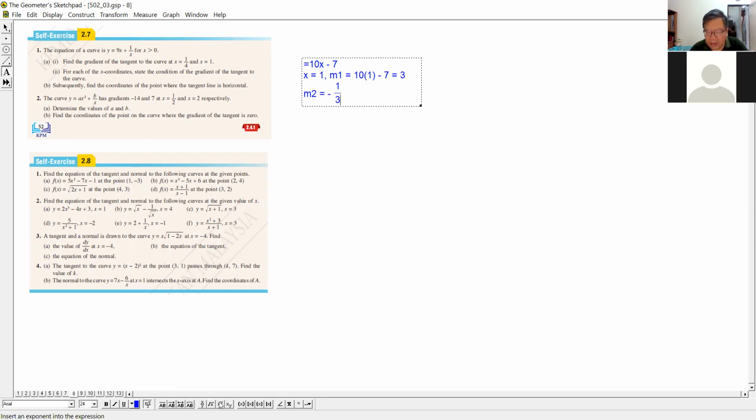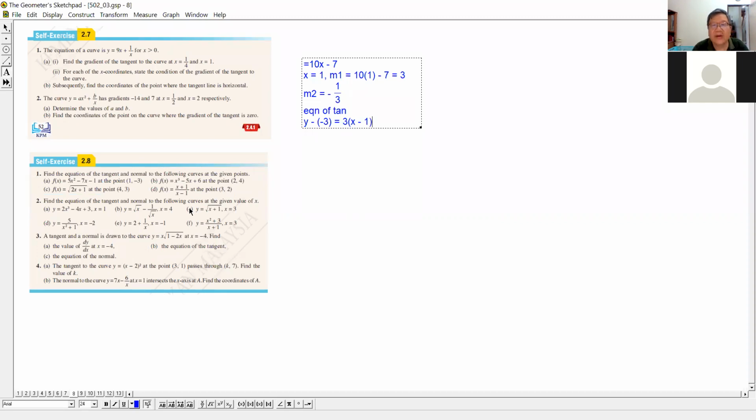Then we can proceed to find the equation of tangent. y minus the y coordinate, which is negative 3. The gradient of the tangent is 3, times x minus the x coordinate, 1.